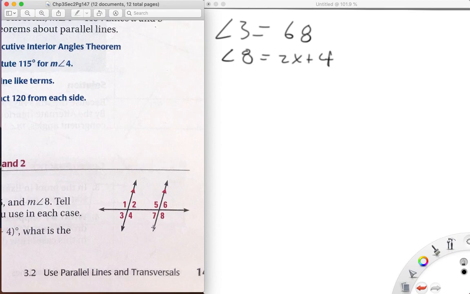Well, they're supplementary, and here's why. If I look at angles 3 and 4, they're linear pairs, so these guys are supplementary. And then angle 4 and angle 8 are corresponding angles. So 4 and 8 are corresponding, and 4 is a linear pair with 3 and supplementary. Then 8 is also supplementary with 3.